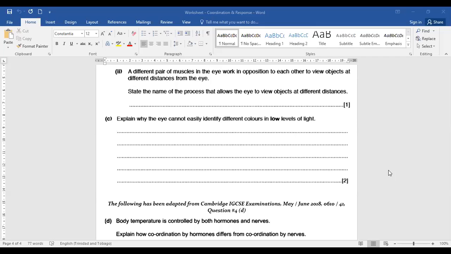Only your cones, the reason why we have so many cones is to produce a sharp image, but they function in high levels of light, unlike the rods. You all understand? Wonderful.